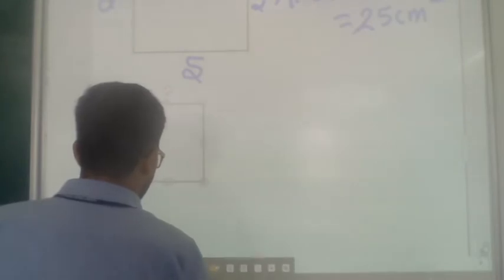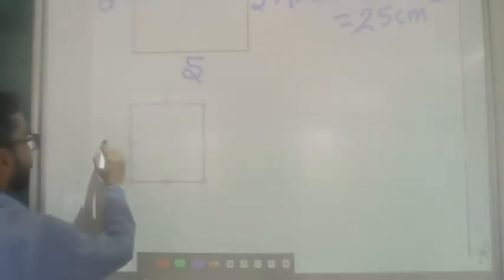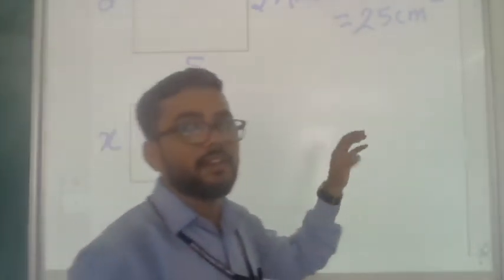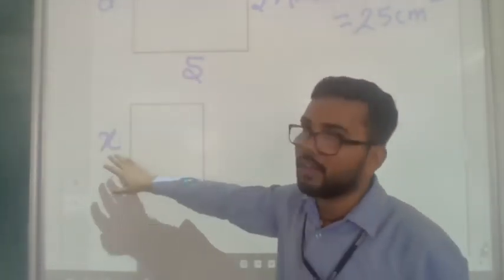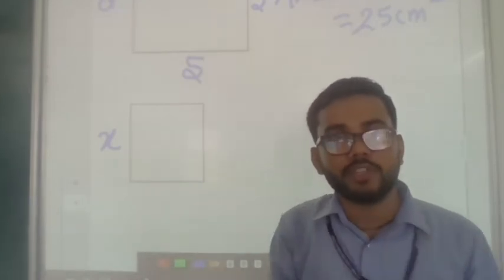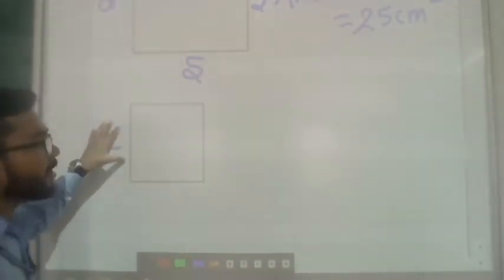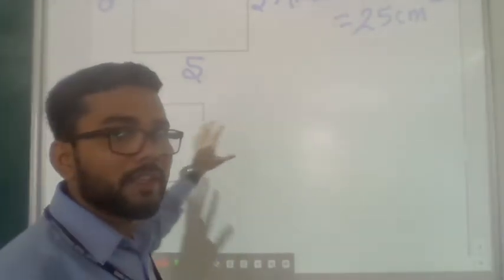Suppose the side of a square is given as x, and it can be any value. You can take 1 centimeter, 2 centimeter, 3 centimeter, 5 meter, 4 meter, any constant value in place of x.